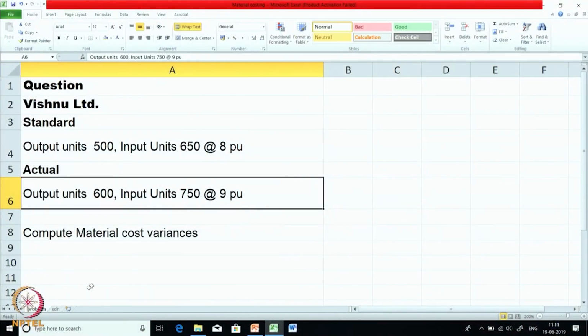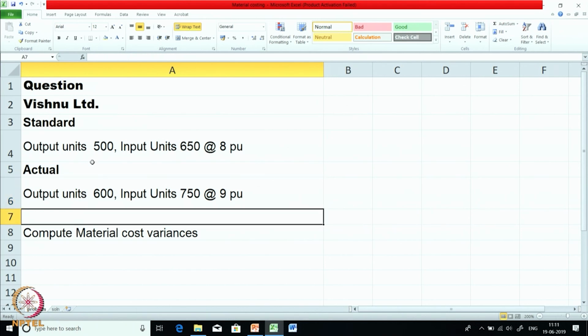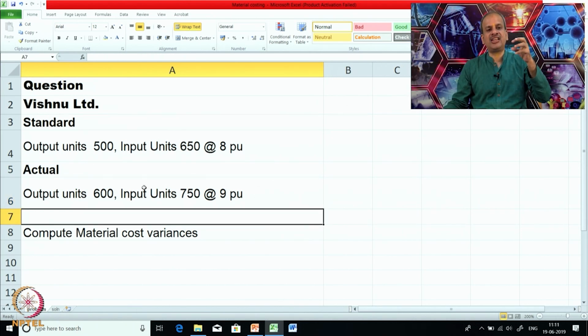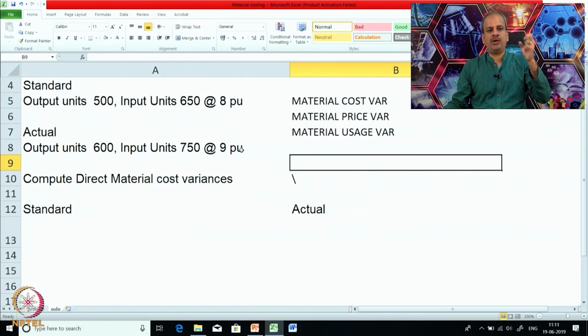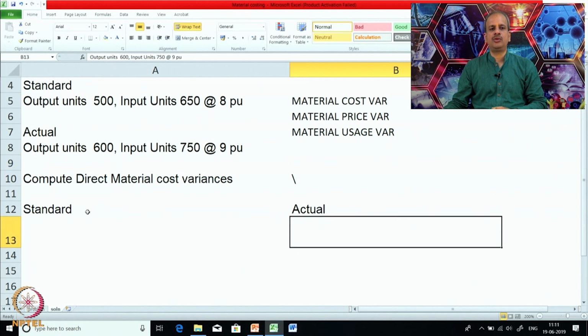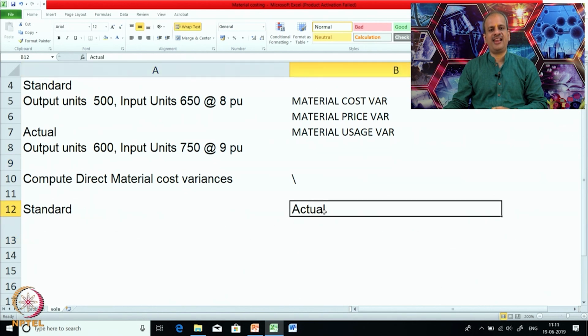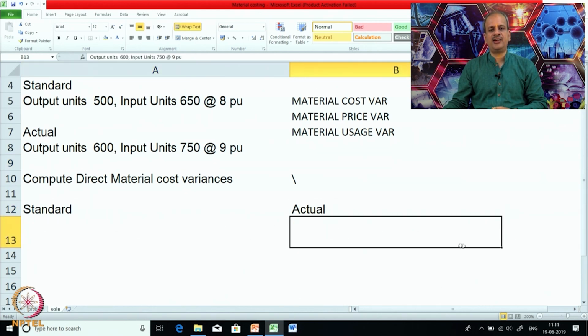For calculating the material cost variances, we will have to understand that we need to revise the standard as per the actual output. Now, let us see how it is done. Firstly, you try to write down the standard and actual and try to solve it along with me.